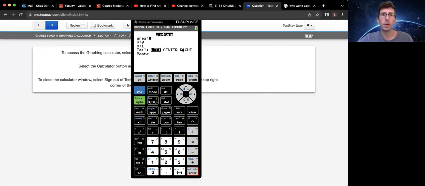Mine is a little more advanced. The actual physical TI-84 calculator I own does not give me this option, so I'm going to ignore it because I don't know if you have this option at home or not. The traditional TI-84 calculator will always assume that the area you're giving it is to the left. So just imagine we don't have this option and we have to give it the area to the left.